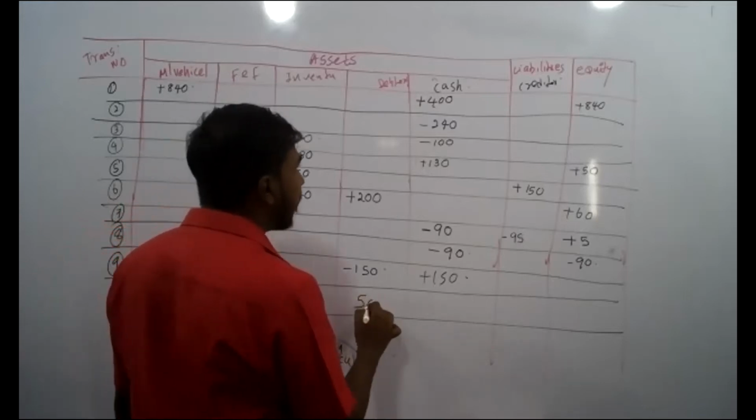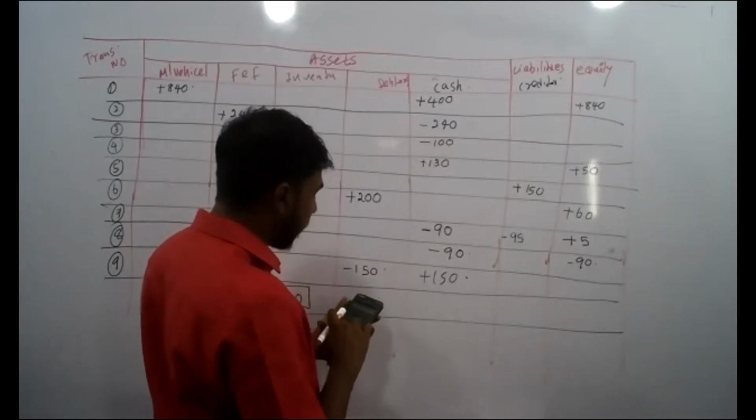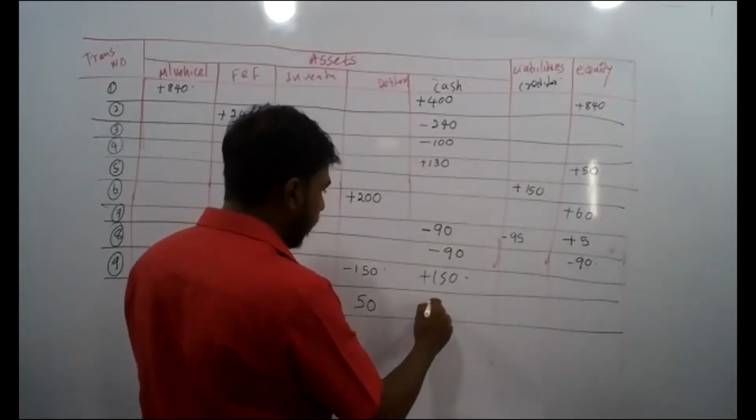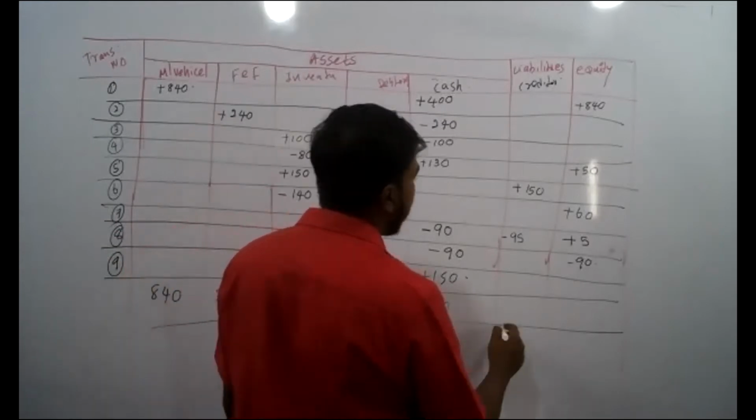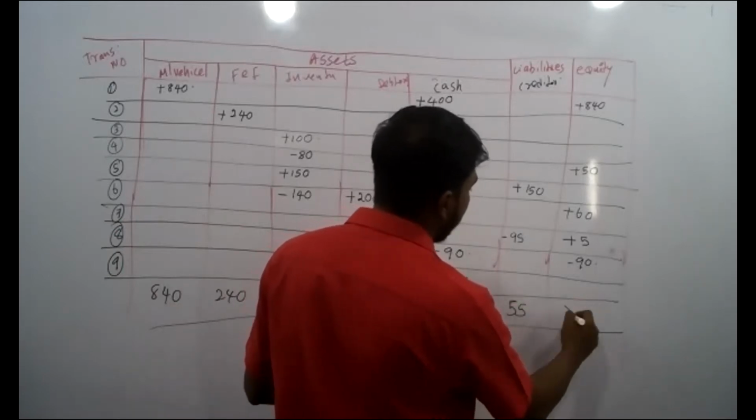Then debtors is 50. Cash, how much is it? 160. Then creditors 55. Take the equity also.